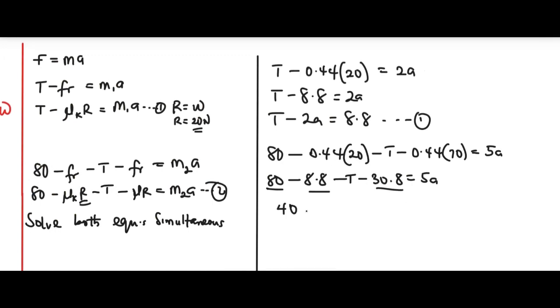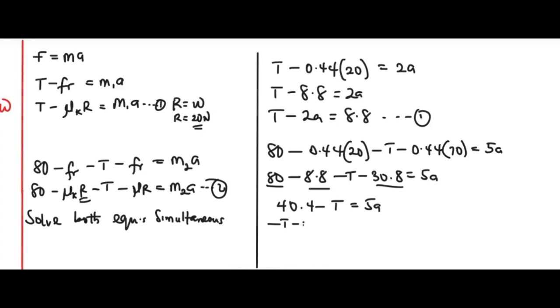That's 40.4 minus T equals 5A. Minus T minus 5A equals minus 40.4 if you rearrange that.